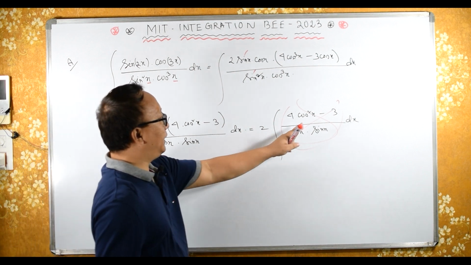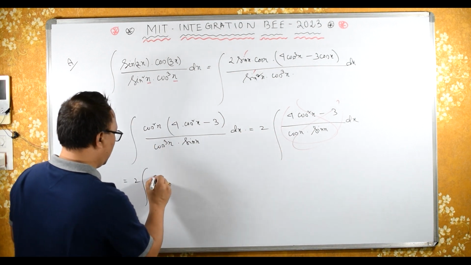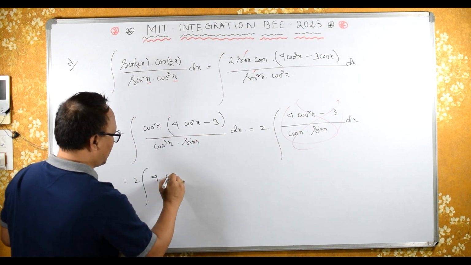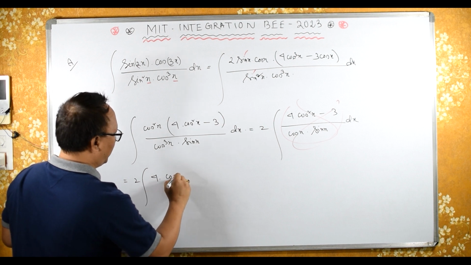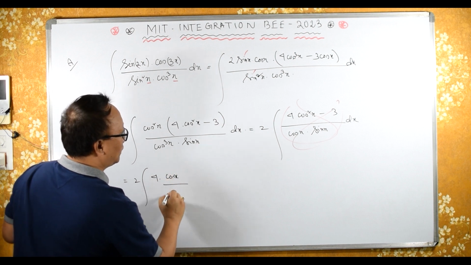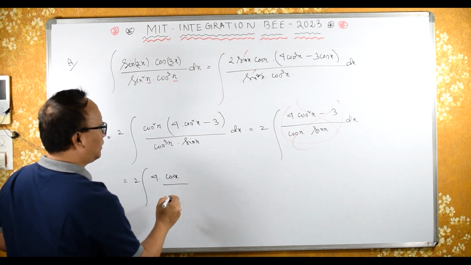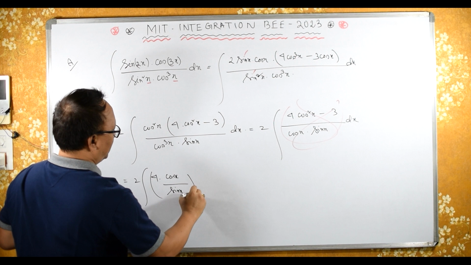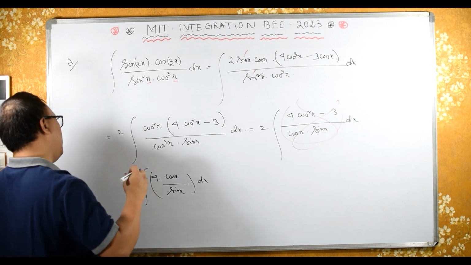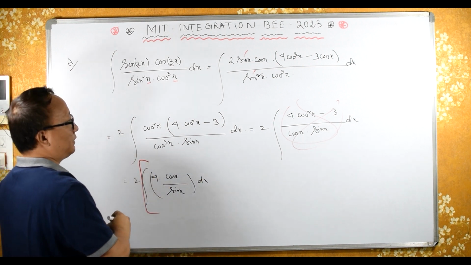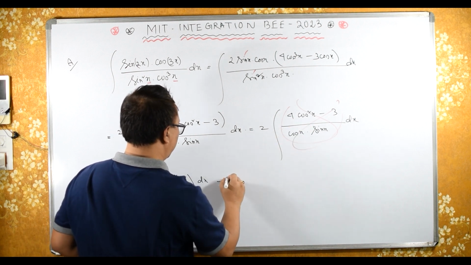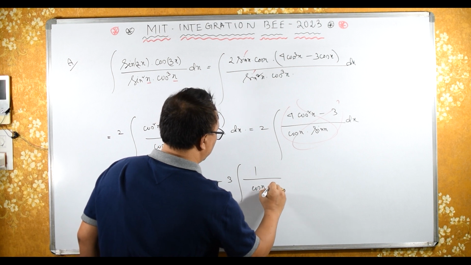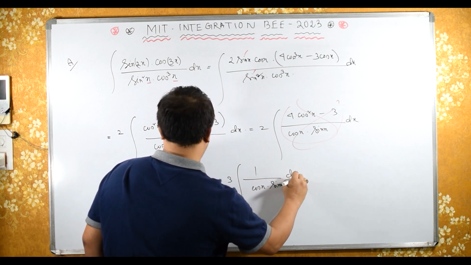If I separate, then what will come? 4 into 1, we have cos of x upon sine of x, one cos gets cancelled, dx, and bracket minus 3 is there, 3 is outside. What we have is 1 by cos x into sin x dx.